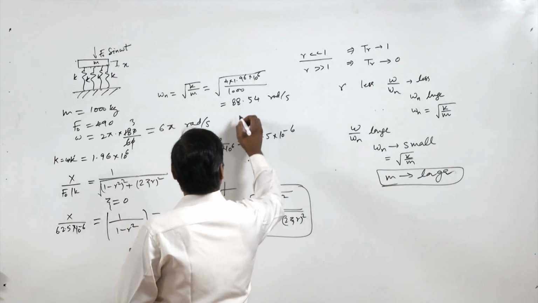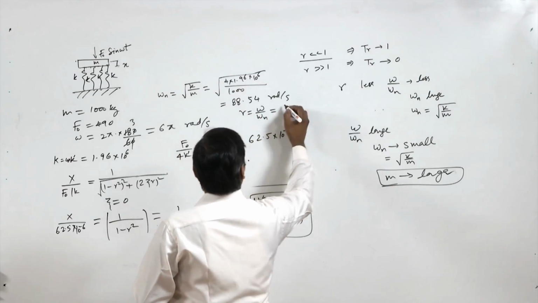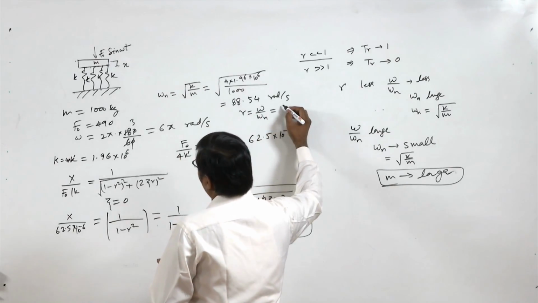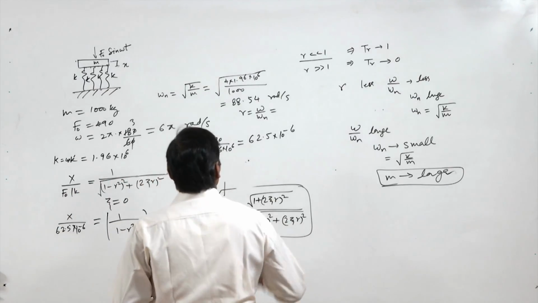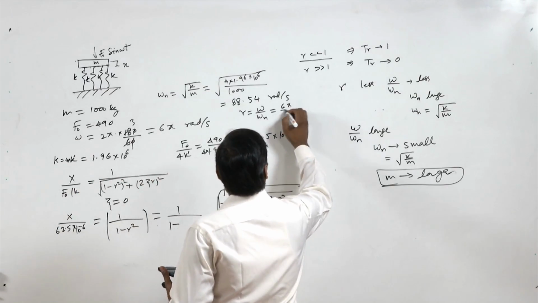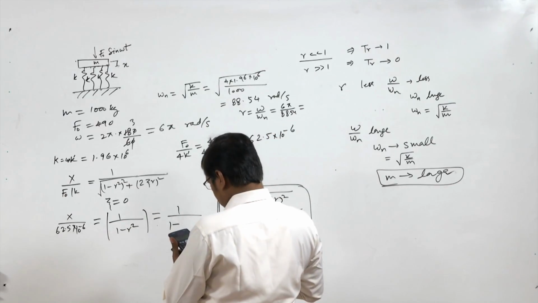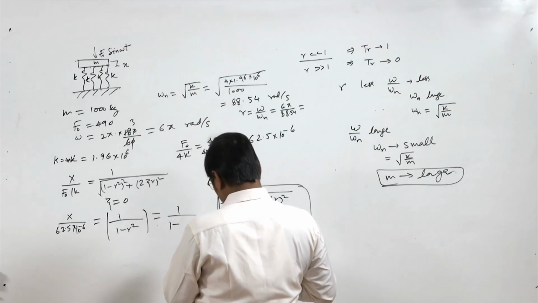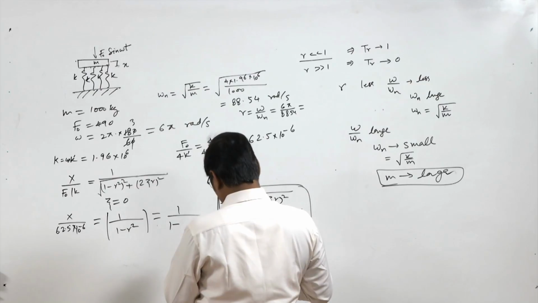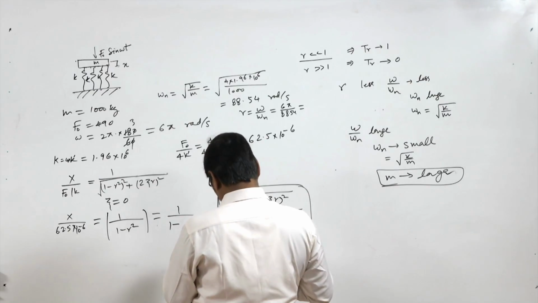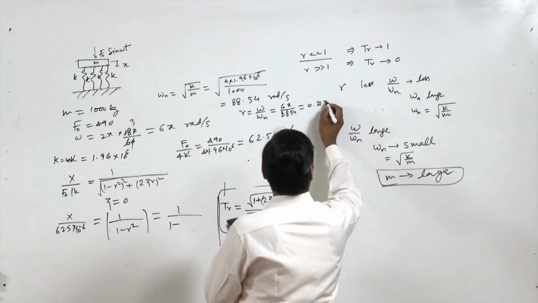And so we can get r equal to omega by omega n, where omega is 6 pi, so 6 pi by 88.54, which is 0.213.